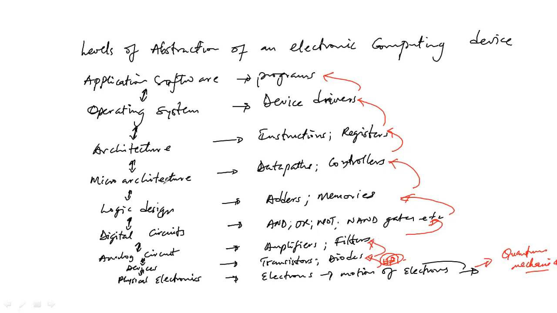Then the microarchitecture links the logic design and the architecture levels of abstraction. And it involves combining logic elements to execute the instructions defined by the architecture. The architecture itself describes a computing device from a programmer's perspective.